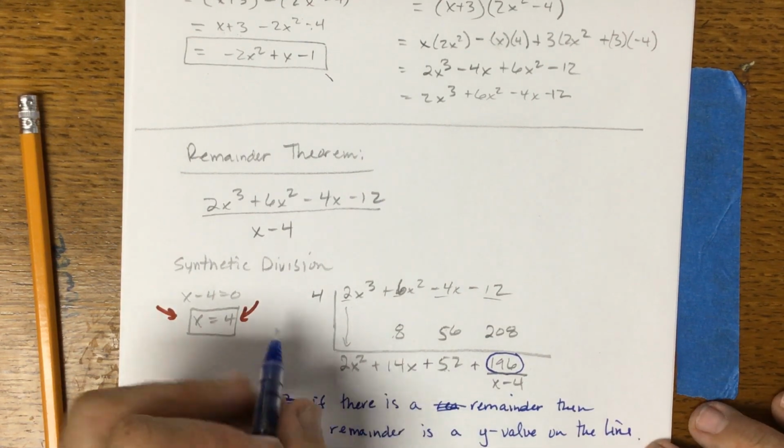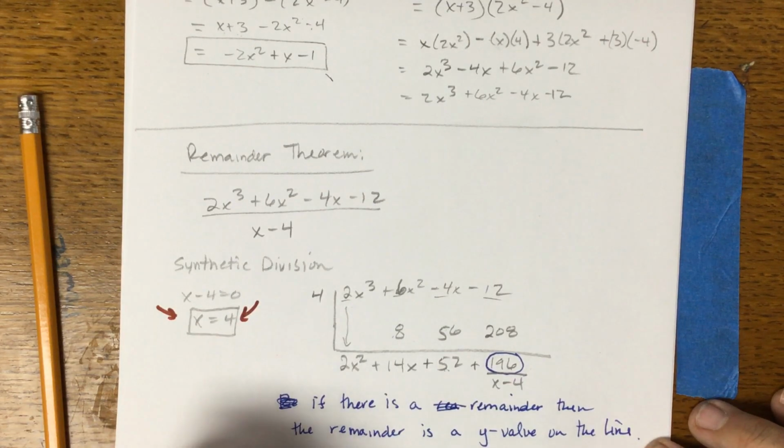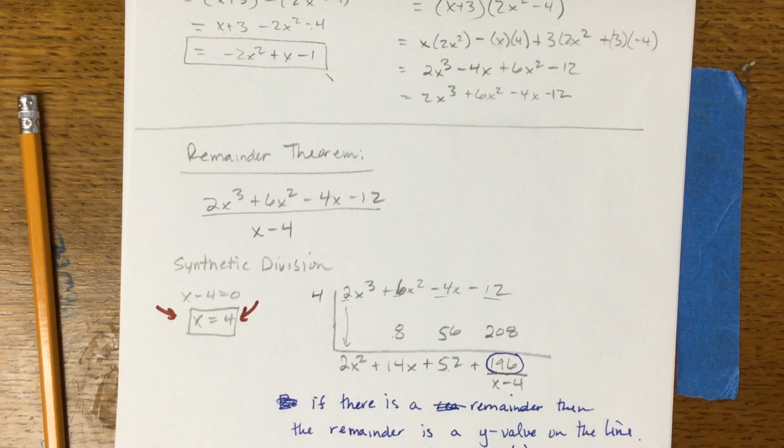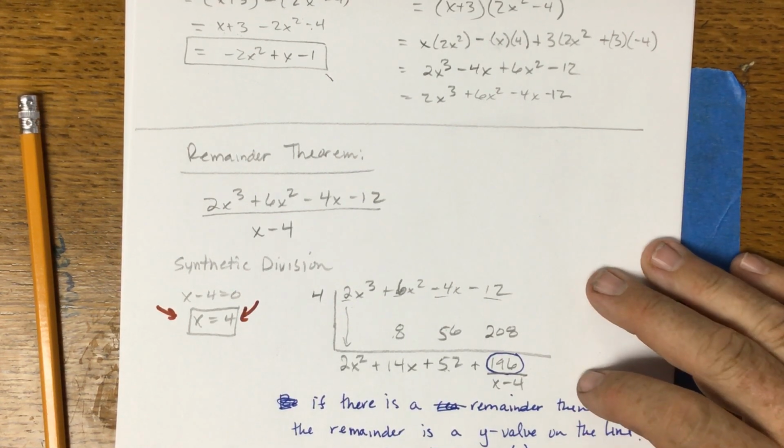So in other words, when I plug in x, when x equals 4, then y equals 196. So therefore, when we talk about function notation, f of 4 gives me 196. That's the first part of the remainder theorem. That's one of the ideas of the remainder theorem.